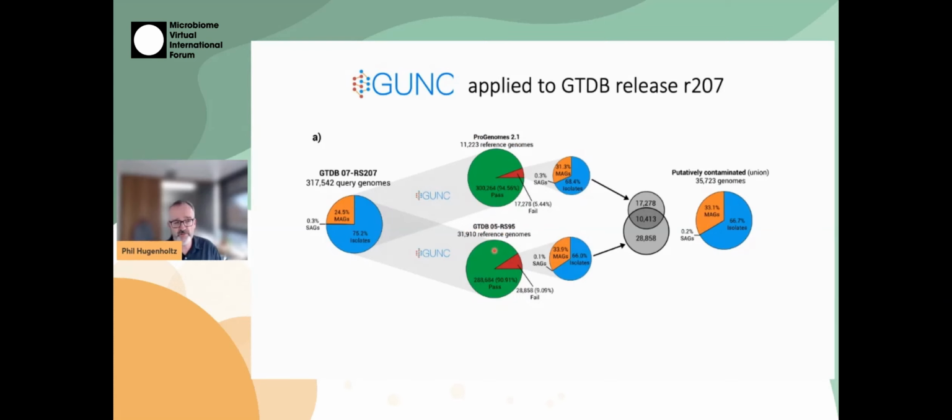As you can imagine, because this is a similarity-based assessment of chimerism, it's going to be very dependent on what you have in your reference database. We can see this here in the overlap of the estimated chimeras: 10,000 out of a total of 35,000 failed genomes were identified by both reference databases, that is, they have clade separation scores of greater than 0.45.